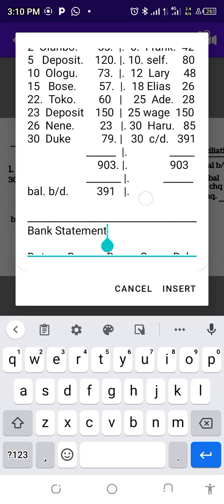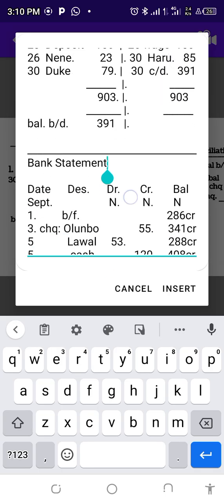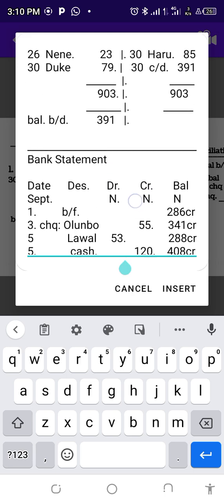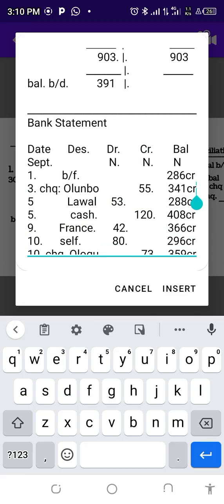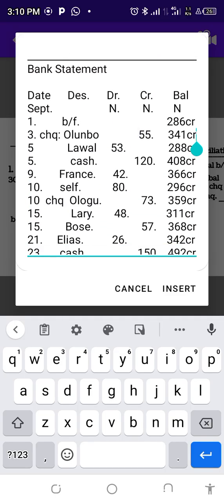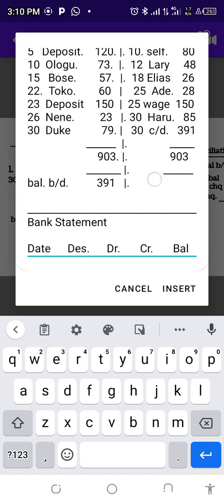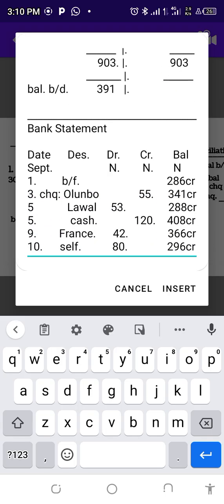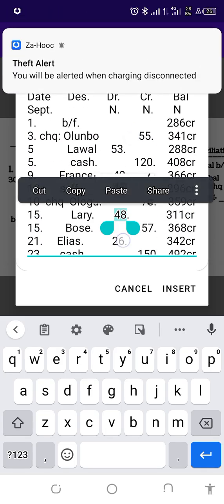Then the next one is 80, that is Sef. Sef 80 is there. Then the next one is 48, that is Larry. Larry is there, 48. Then the next one is Elias. Elias is 26. Elias is there, 26 also.